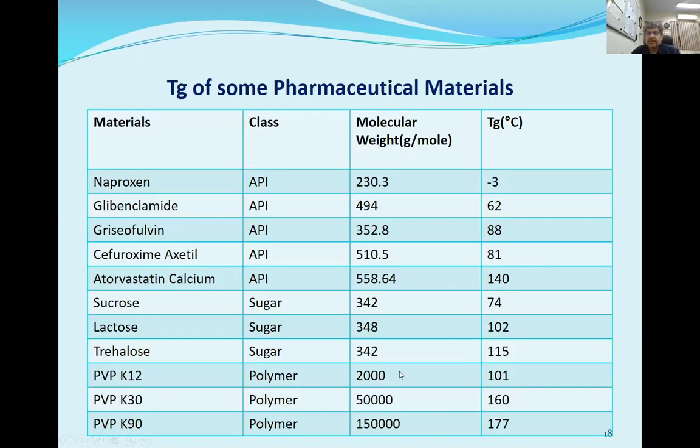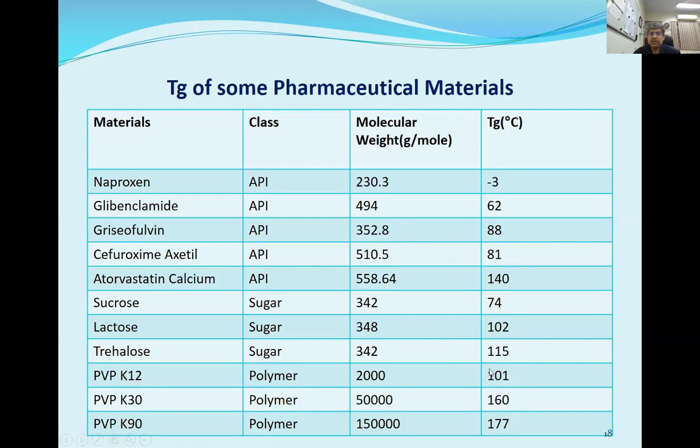These are some of the excipients for which the Tg values have been given. So you have sucrose, lactose, trehalose, all of them are sugars and they have these Tg values. Whereas the polymers like PVP K12, K30, K90 have these Tg values.